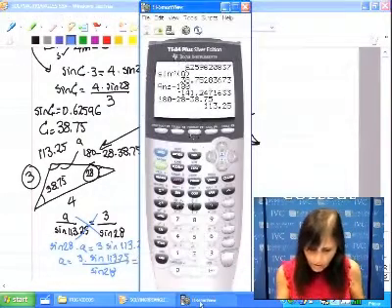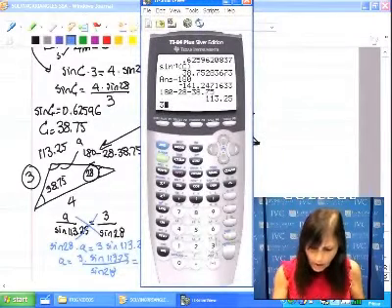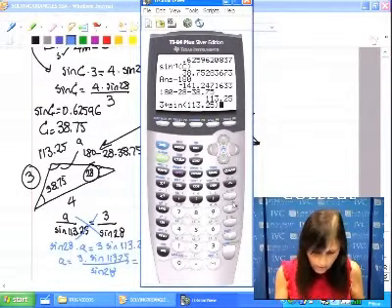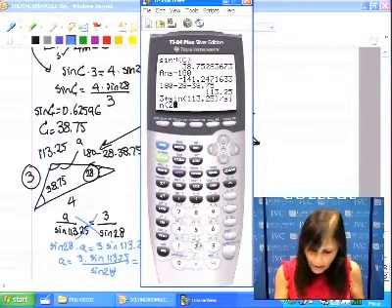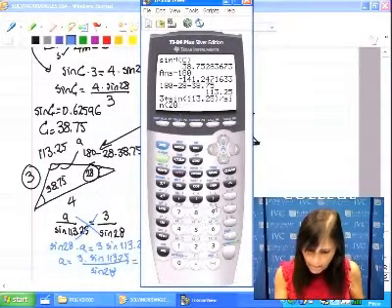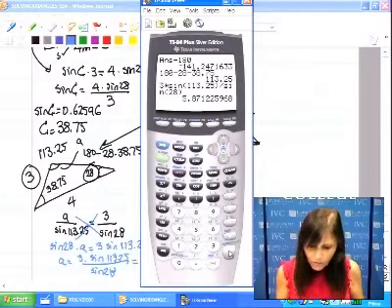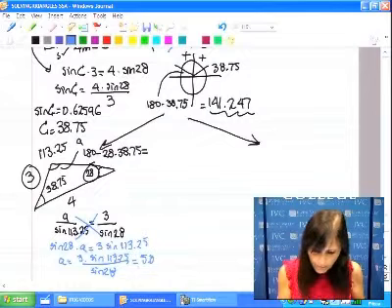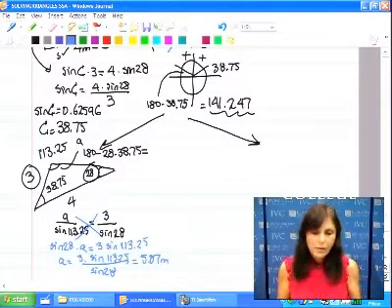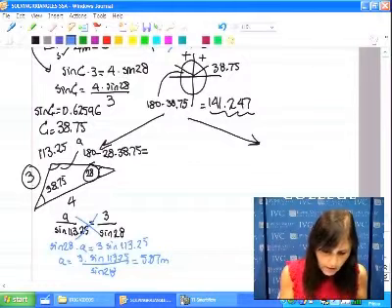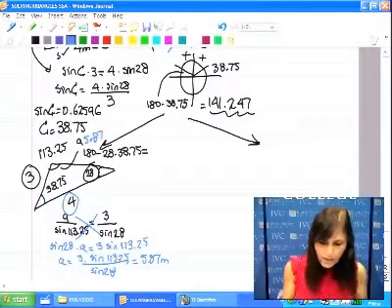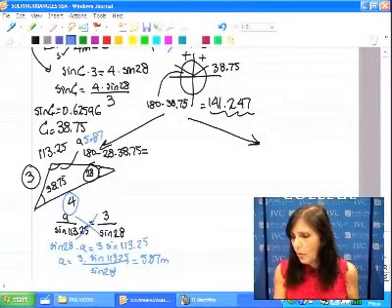So how does that look? 3 times sine of 113.25 divided by sine of 28. That will give me 5.87. Okay, so this is 3, this is 4, and this is 5.87. That is perfectly good, and the angles also work out.